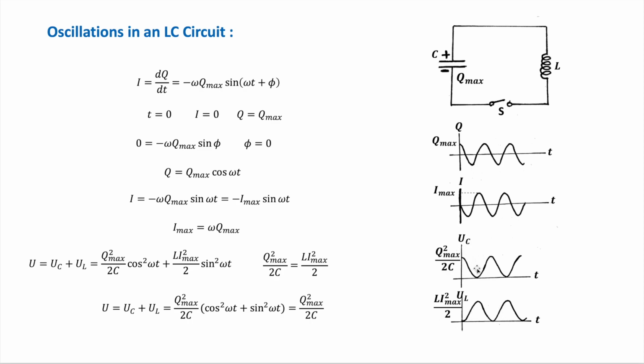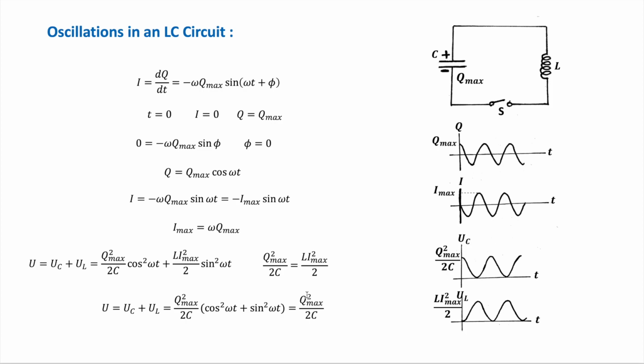So the energy is going back and forth between the two. And so when the energy stored in the capacitor is maximum, the energy stored in the inductor is 0, and vice versa. And since the total energy is constant, Q max square over 2C is equal to L I max square over 2, then we can substitute here Q max square over 2C, and we get this expression, and we know that sine square plus cosine square is equal to 1, and so the total energy is equal to this, okay?